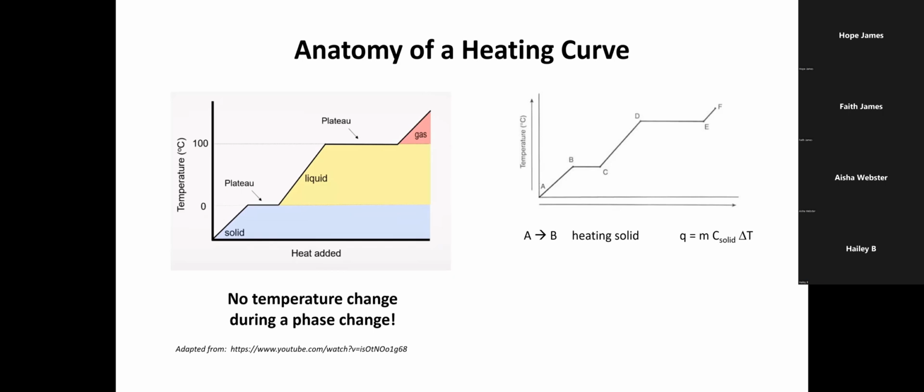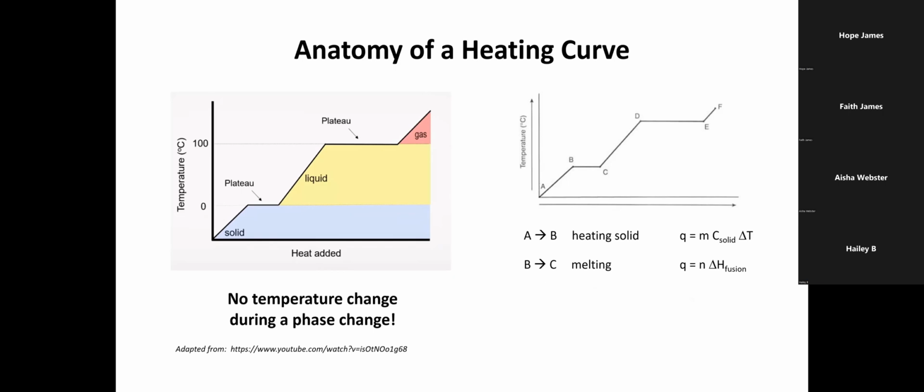It's kind of like a reaction. It's a process as opposed to a reaction. So between B and C, we're melting. We're doing a phase change. The temperature isn't changing, it's a flat line. So we can't use that first relationship, but we can use the heat of fusion.